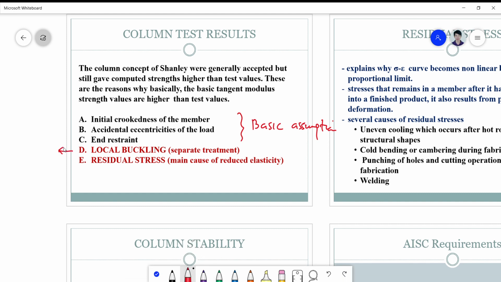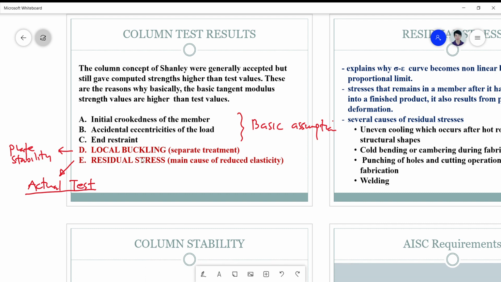which is based on plate stability analysis, and the residual stress, which is based on actual tests made after the manufacturing process, to come up with the value which will modify the equations needed in your column strength analysis.